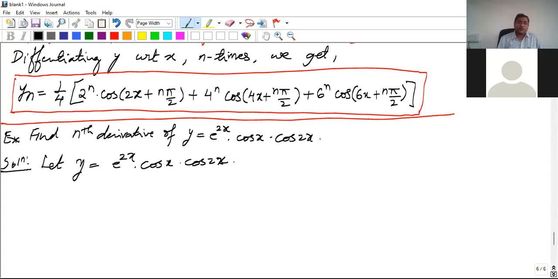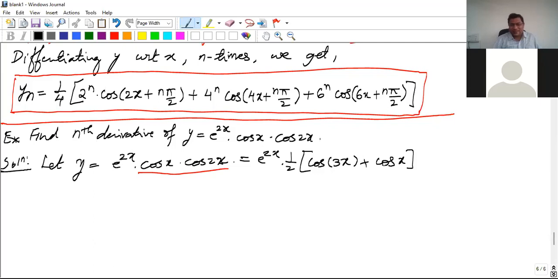Okay, so let us think of these 2 functions first. This will be e raised to 2x, and we have half of cos of 3x plus cos x. Is that okay? Are you getting this? Yes, sir. Okay, good.